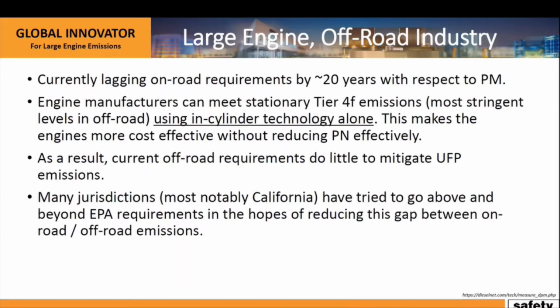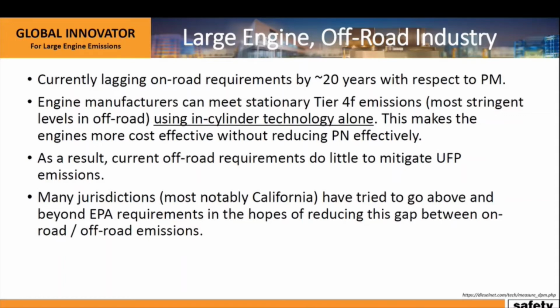That said, interestingly, many engines are able to meet at least the PM part of the emissions using in-cylinder technology alone. So they would just have an SCR system to reduce the NOx, but not necessarily a DPF to reduce the particle number, which is great. But as we pointed out, that would do very little in terms of reducing the particle number. It's focused almost entirely on reducing the particle mass, which basically just mitigates the large particles.